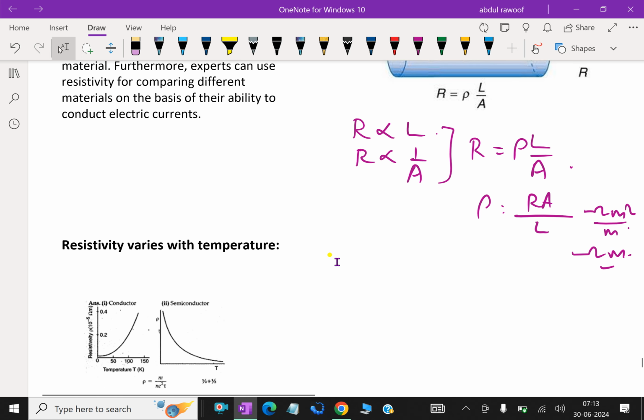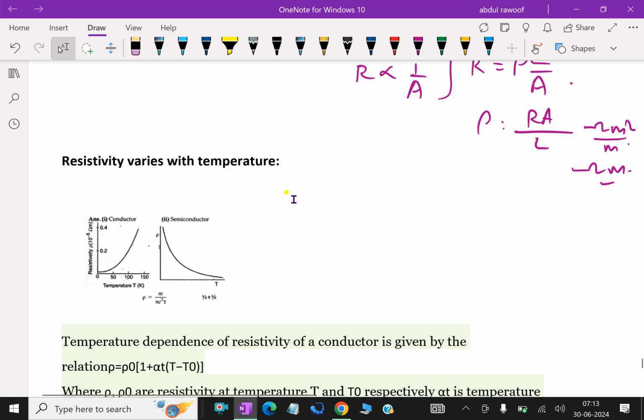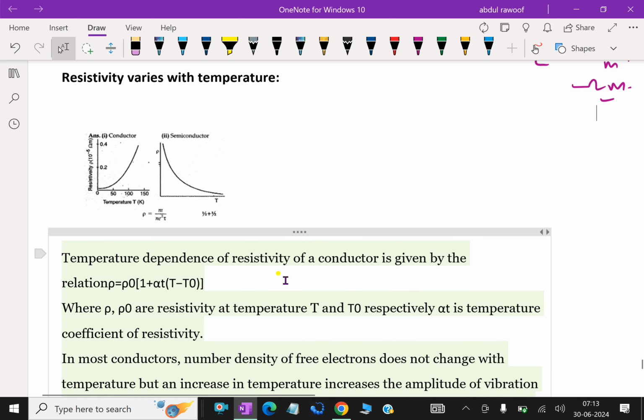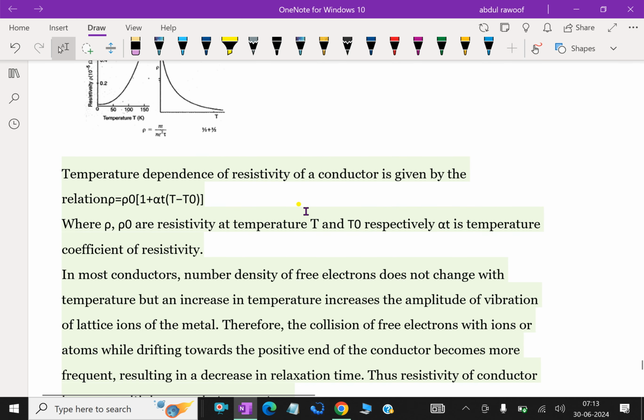Next, resistance varies with temperature. The temperature dependence of the resistivity of a conductor is given by the relationship rho equals rho 0 times 1 plus alpha (T minus T0), where rho and rho 0 are the resistivities at temperatures T and T0 respectively, and alpha is the temperature coefficient of resistivity.